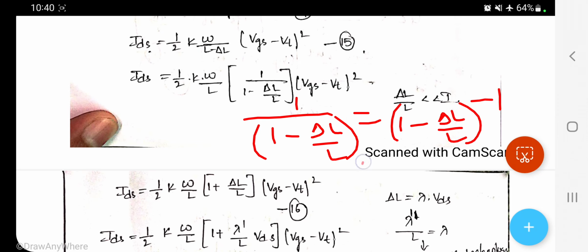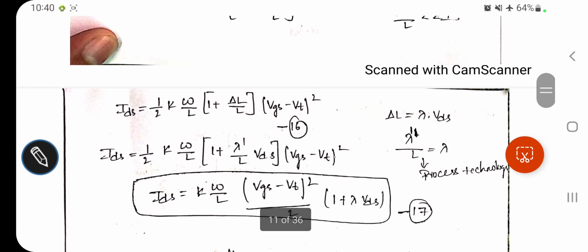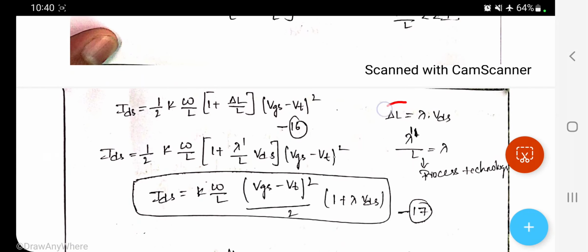When we expand this, it becomes plus, and further terms like delta L square by L square are further small. So higher order terms, second, third order, are neglected, and only the first order delta L by L is considered. So 1 by 1 minus delta L by L is replaced with 1 plus delta L by L only. Now if you multiply this, here we have VGS, and delta L we take as lambda into VDS.